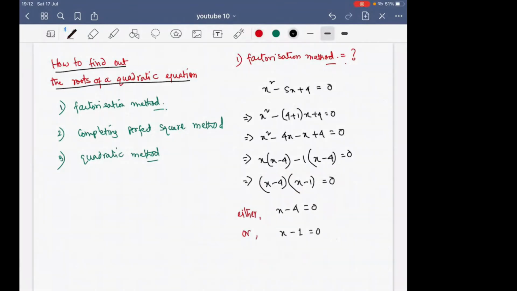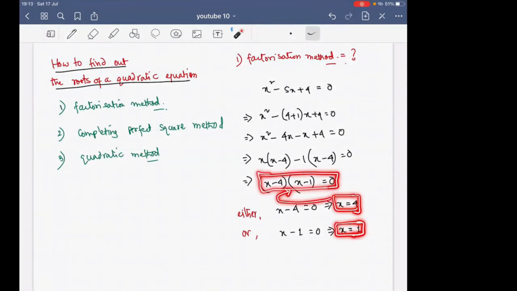So if we do a little bit of transposition, from the first one, we are going to get x is equal to 4, right? 0 plus 4. From the second one, same thing, we are going to get x is equal to 1. So if you put x equal to 4 and x equal to 1 separately in this equation right here, then you are going to see that left hand side is equal to right hand side.